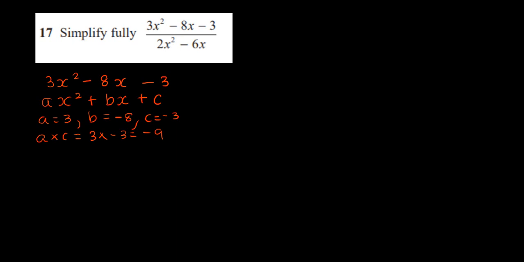I need to find two numbers that multiply to give you minus 9, and these same two numbers add to give you minus 8. So I can get the numbers minus 9 and 1. So minus 9 times 1 is minus 9, and minus 9 plus 1 is minus 8. So I'm going to rewrite my original numerator expression, I should say. Okay, I'm going to split the middle term into the two numbers minus 9 and 1.